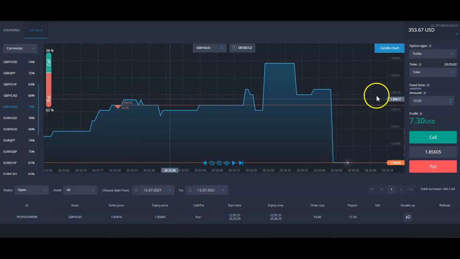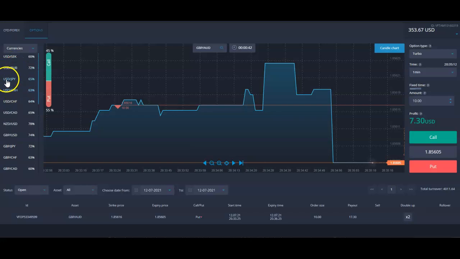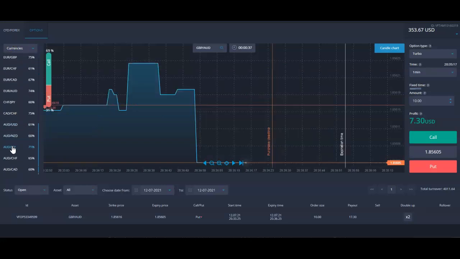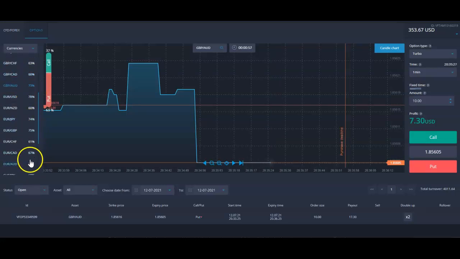So now that we're in the GBP AUD, we took a 3 minute trade. We got a minute 20 seconds left to go. All the currency pairs, guys, you're going to see are on the left hand side, USD JPY all the way down to AUD CAD, and on the right hand side are the percentage payouts. Remember, the percentage payouts vary.